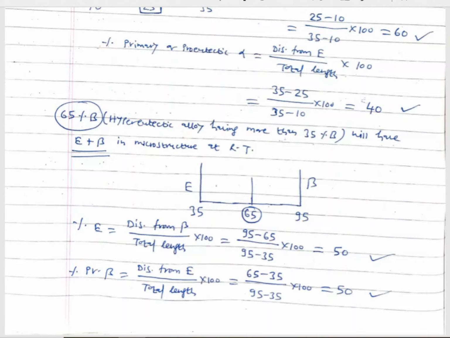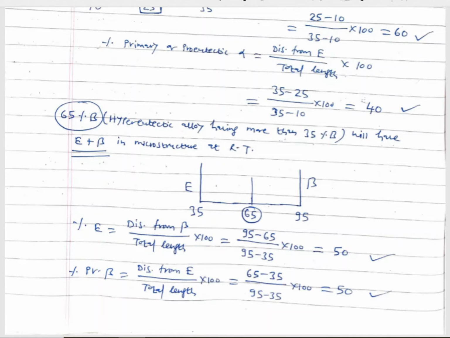And percentage primary beta is distance from E, the opposite arm length, from the phase composition, the composition under our consideration. In 65% B, we are interested to study what will be the percentage of different phases present in the microstructure at room temperature.